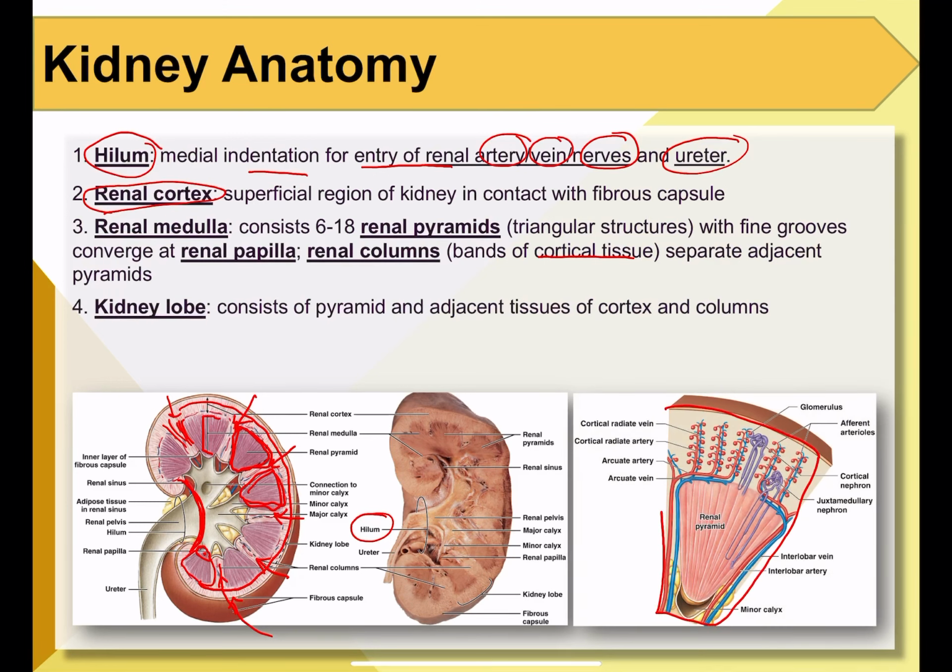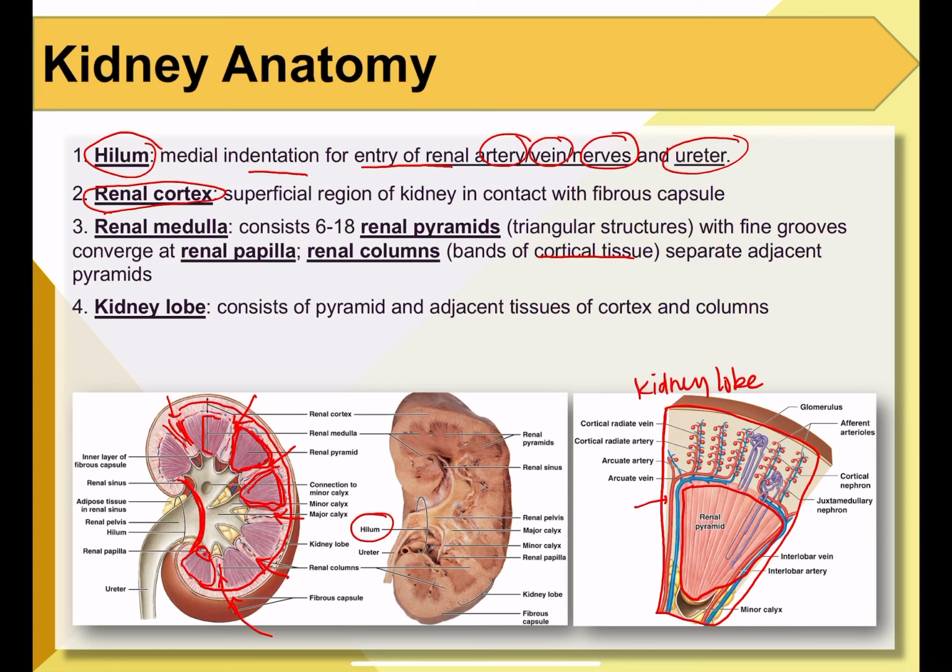So one of these is called a kidney lobe, and it consists of one renal pyramid, and then you have your adjacent tissues of renal cortex and column. So here's your renal cortex area, and then you have part of the renal column on this side and part of the renal column on the other side. So this is what we call one kidney lobe.